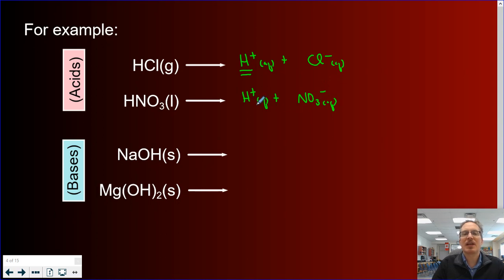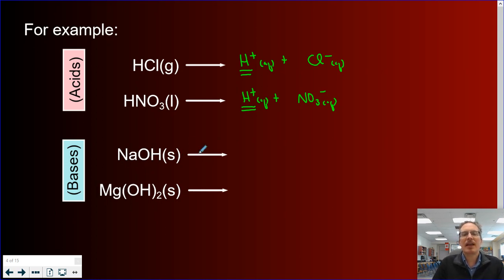Again, we have proven that HNO3 is an acid because in Arrhenius's definition, it has a hydrogen ion coming out once it's in water. His definition for a base, however, wasn't about hydrogen ion. It was that bases will dissociate in solution to make a hydroxide ion.